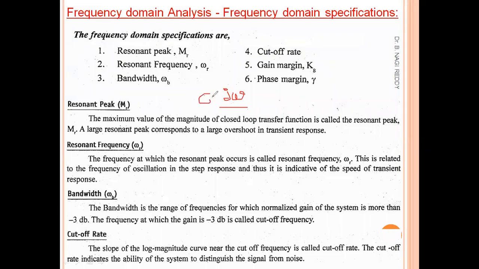Suppose the open loop transfer function G of j omega will have the magnitude of the open loop transfer function, that is mod of G of j omega. So this modulus represents the magnitude with an angle of G of j omega.